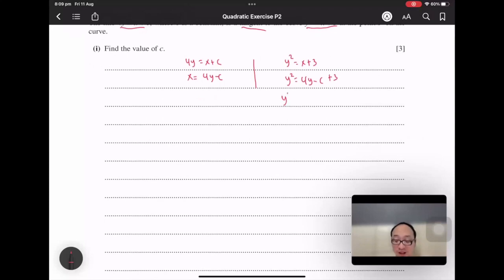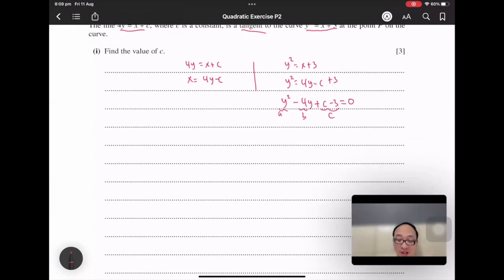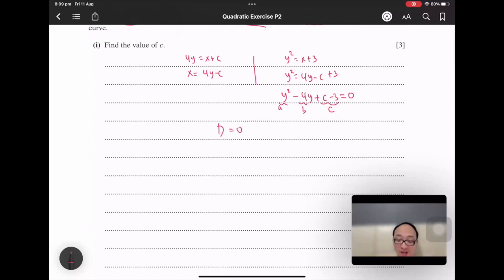And then I reduce to the quadratic equation: y squared minus 4y plus c minus 3 equals 0. So this is A, this is B, and this is C. So tangent means the discriminant equals 0. So B squared minus 4AC equals 0.